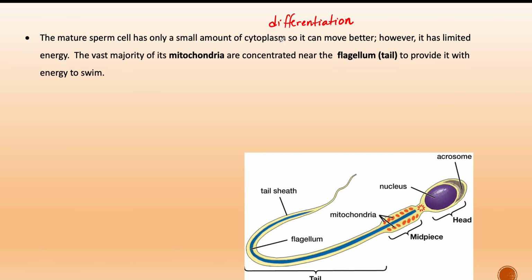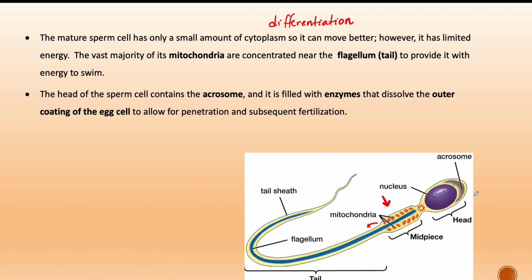It has limited energy. The vast majority of the mitochondria that it does have, which are energy producing organelles, are concentrated near the flagellum, so that's here on our little sperm, in order to provide it energy to swim. So these guys provide energy for swimming. That's the primary purpose of this guy, to get the nucleus, which is our DNA payload, to the egg.